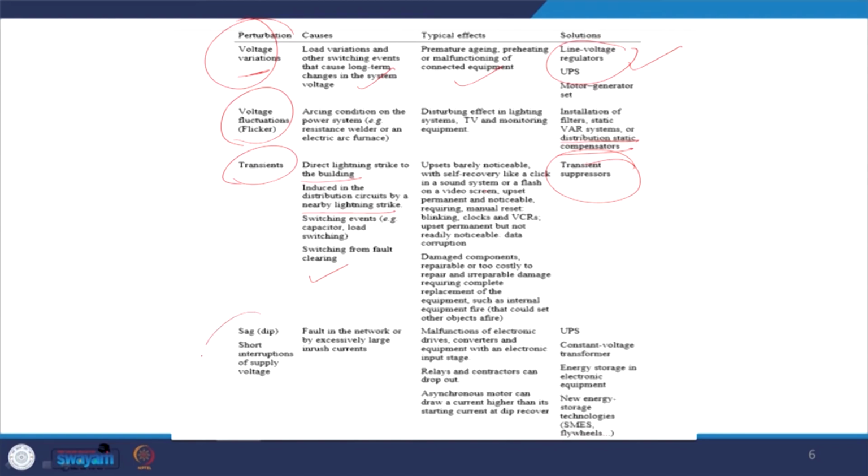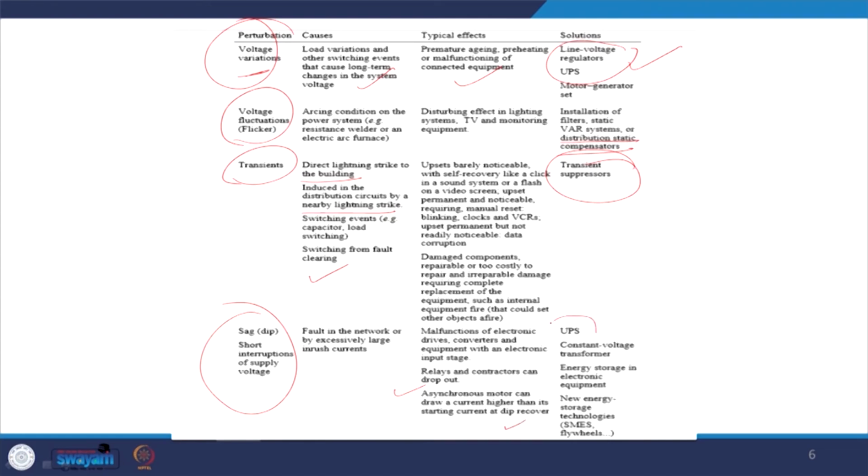Thereafter, you have voltage sag, from a fault in the network or an excessively large inrush of current, and that is what it will do. It will cause malfunctioning of a lot of electronic devices, converter equipment with electronic input, relays and contactors can drop out, and an asynchronous motor can draw a current higher than its starting current and then dips and recovers.